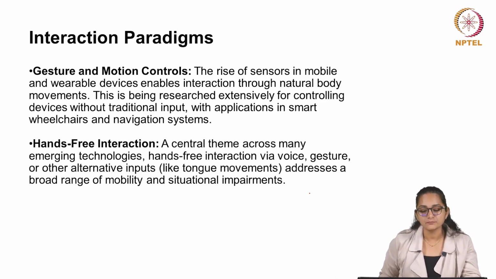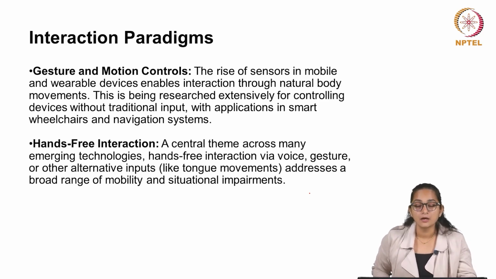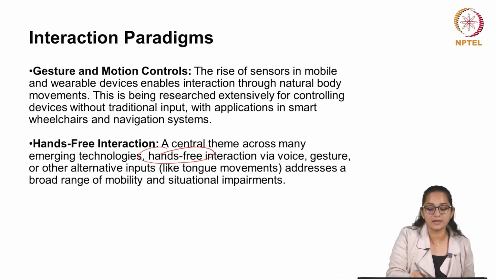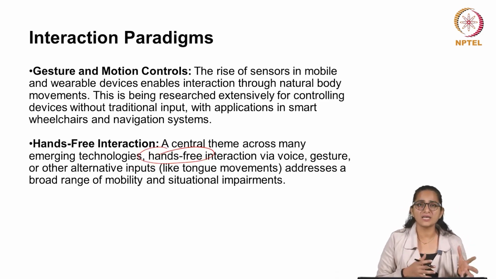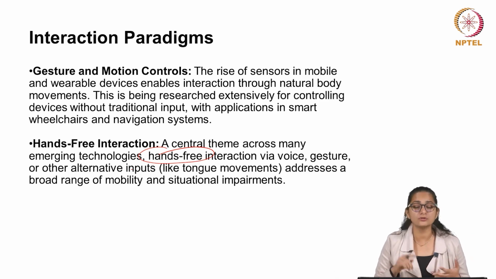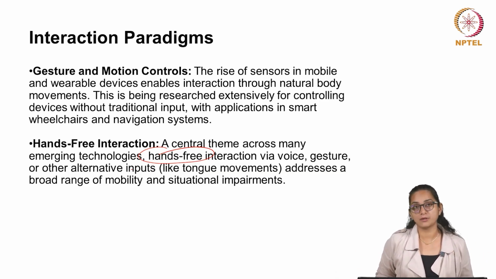Then other hands-free interaction. A central theme across many emerging technologies is this hands-free interaction, which can involve voice-based input, gesture-based input, or other alternative inputs like tongue movements, breath movements, which can address a wide range of mobility or situational impairments also.